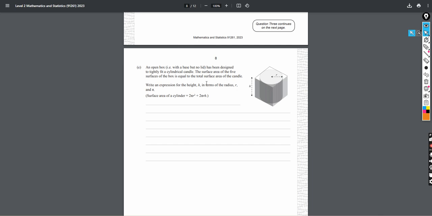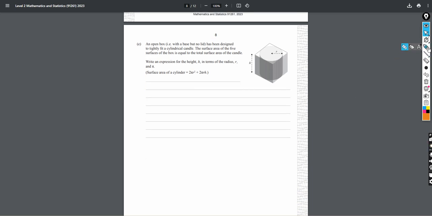Okay, actually this is the hardest question in the paper. Total surface area of the candle. Okay, I guess it's just, so the surface area of the box has height of h. This is just going to be 2r, because this is the width across the box.